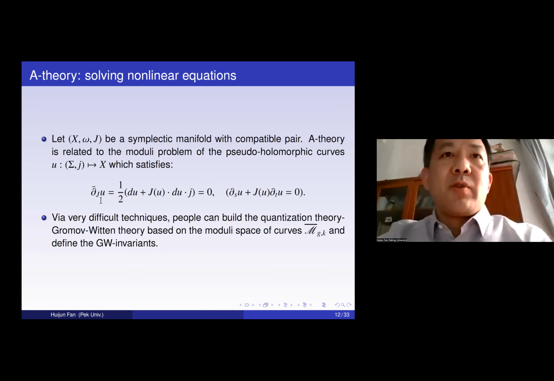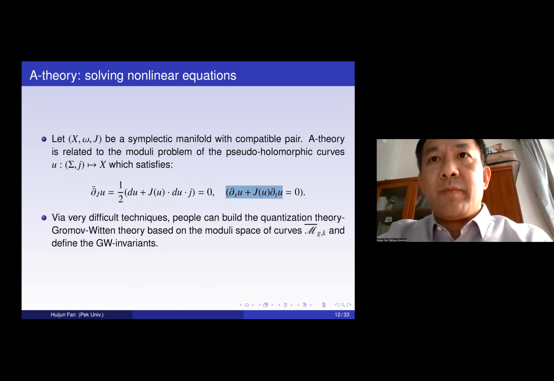This equation is not linear if X is a curved manifold, because in local coordinates it has the following expression. J is an almost complex structure on X, and J should be composed with u.